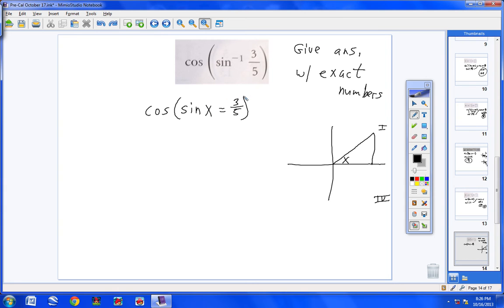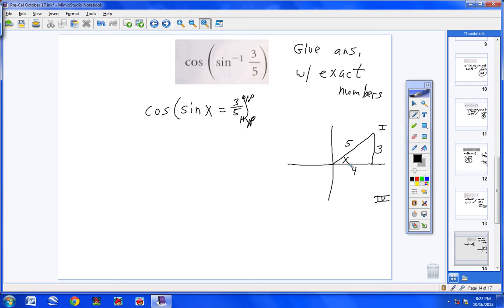So sine of x equals opposite over hypotenuse. My opposite side is 3, and my hypotenuse is 5. Then using the Pythagorean theorem, you would see that this side down here is 4.